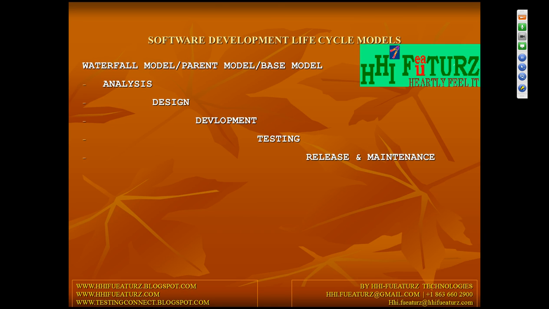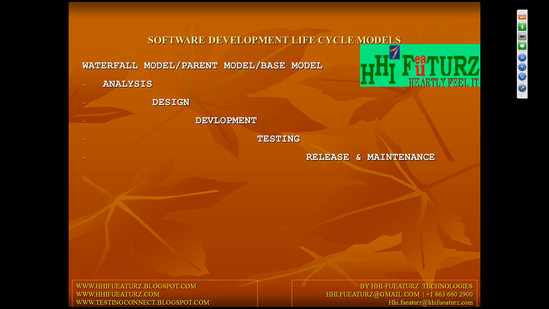There are so many life cycle models available, right? For all those models, all these phases you are discussing, you will come across, but in a slightly modified or customized way. That is the reason all those models were born from waterfall model. That is why waterfall model is considered the parent model or base model.